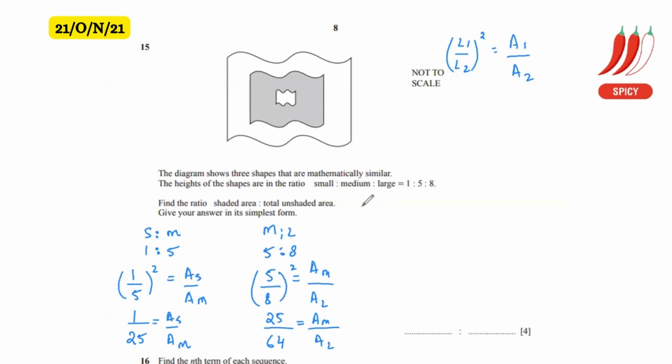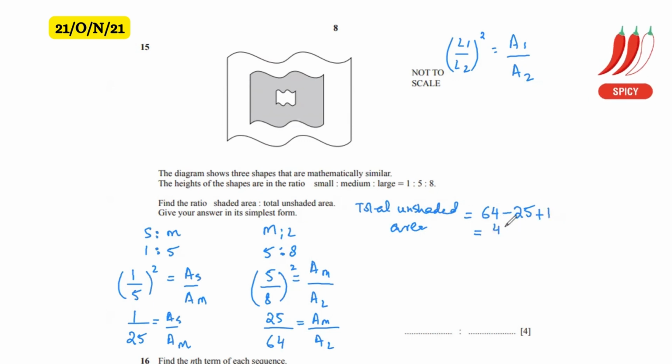Now to find the total unshaded region, we will do 64 minus 25, and then plus 1.